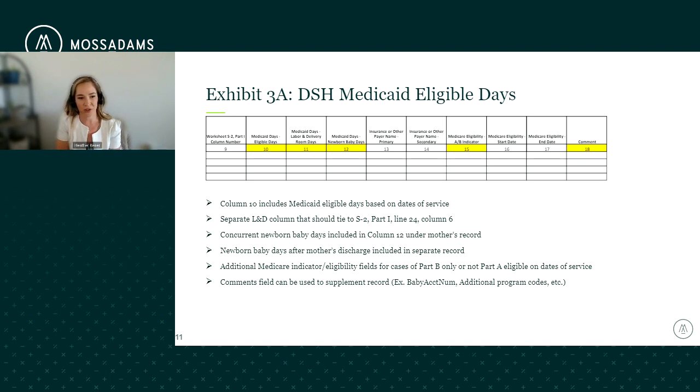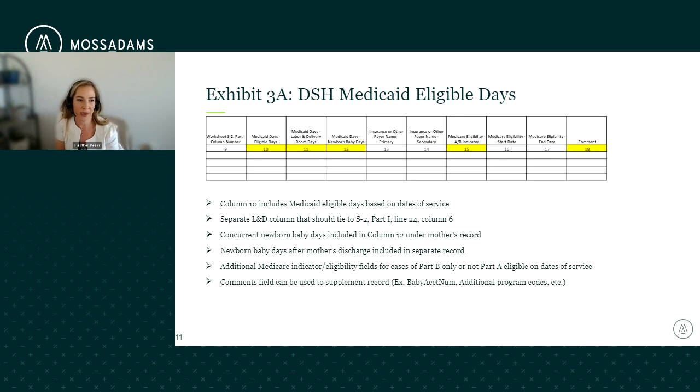What you're wanting to do is identify whether or not that patient is eligible for Medicare Part A and/or B. Assuming that your patient is Medicare Part A eligible, you should not include those in the calculation, assuming they're eligible for their dates of service.